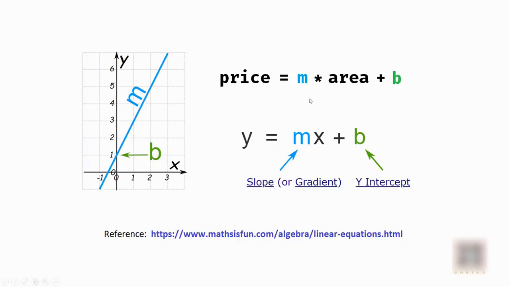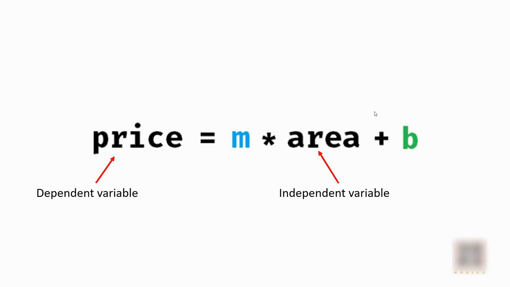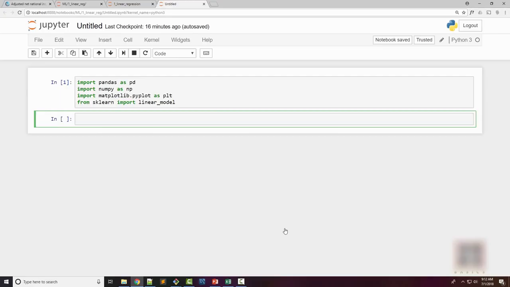In our case, y is price and x variable is area. Area is called an independent variable, whereas price is called a dependent variable, because we are calculating price based on this area. Now we are going to write Python code for doing home price predictions.